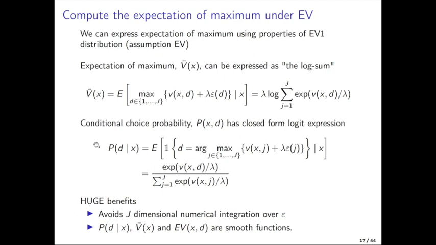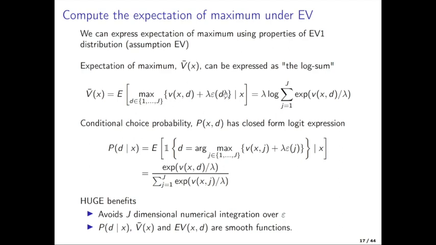So here, what you can see is now the integrated value function, and therefore also the expected value function, ceases to be expensive to compute, because the integrated value function is the expectation over those epsilons conditional on x, taking the max over all the discrete decisions.